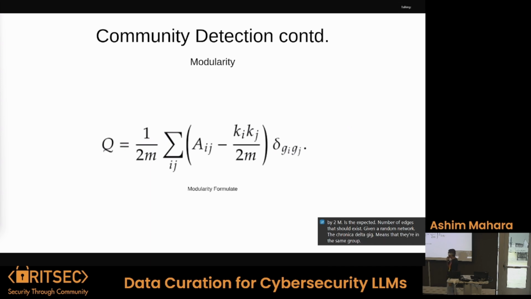So what it essentially does is, if we have a configuration that divides different nodes into different communities, how many of the edges are preserved and how many are expected? If there is a larger number of edges present within that configuration than expected, then it means that the configuration is actually good.